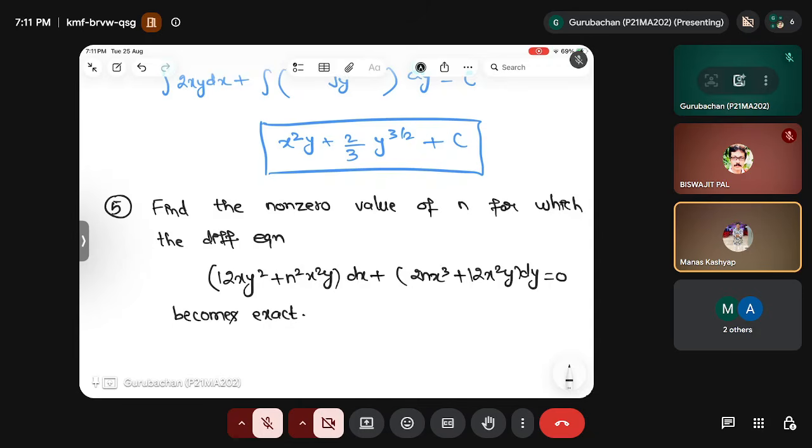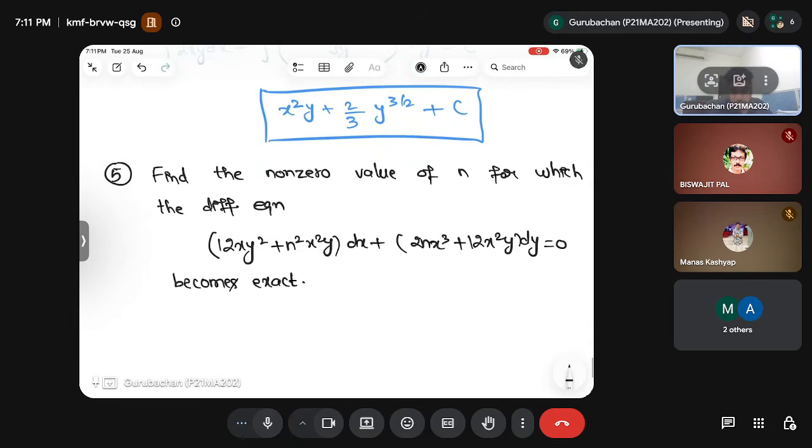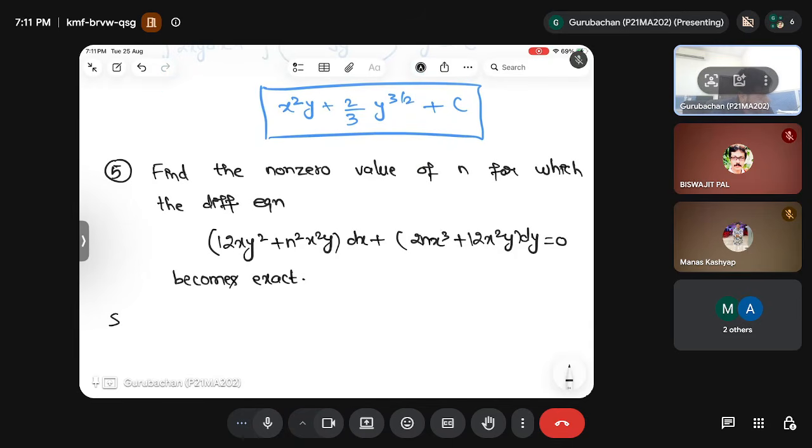Six. Correct. So del m by del y: differentiating 12xy square plus n square x square y will give you 12y square plus 2n square xy.